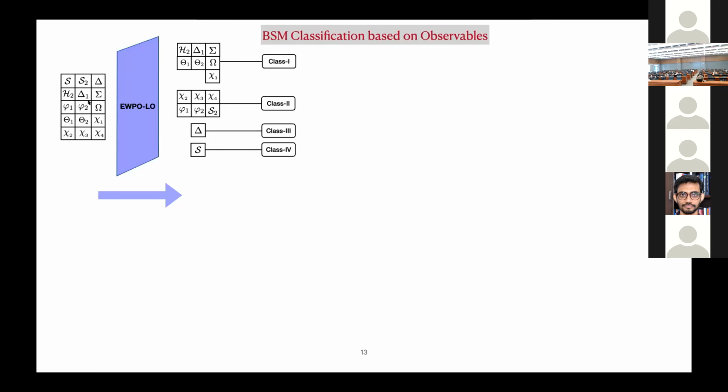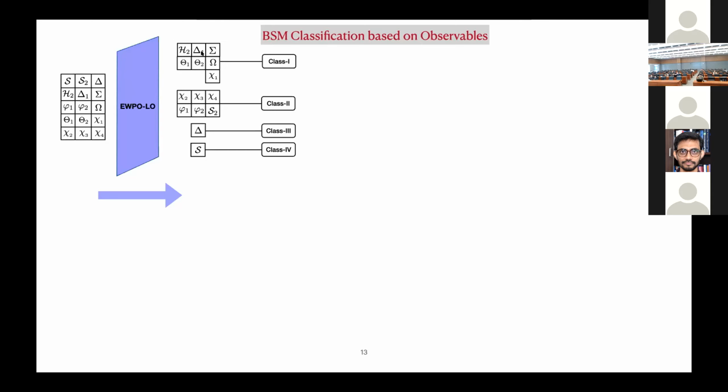Starting with the 15 different models, you see that you get 4 different classes. That implies that all these models offer the same set of operators which will affect your electroweak precision observable at leading order. Similarly, class 2 contains a different set of operators, and so do class 3 and class 4. So basically we have 4 non-degenerate classes, and each class may have degeneracy from the point of view of the observable, because they are sharing the same set of effective operators, right?